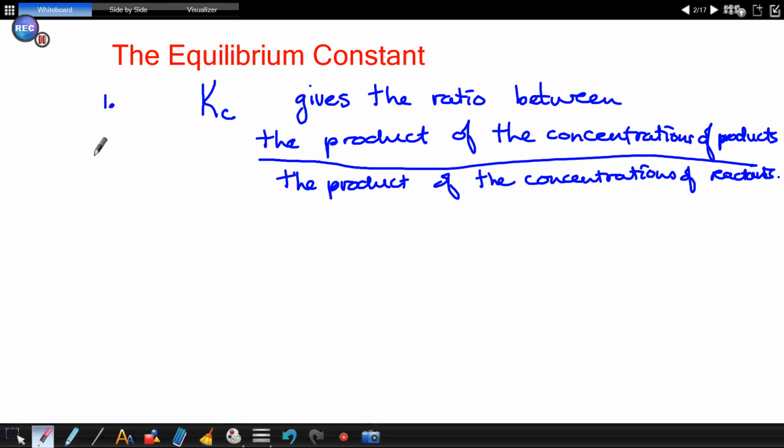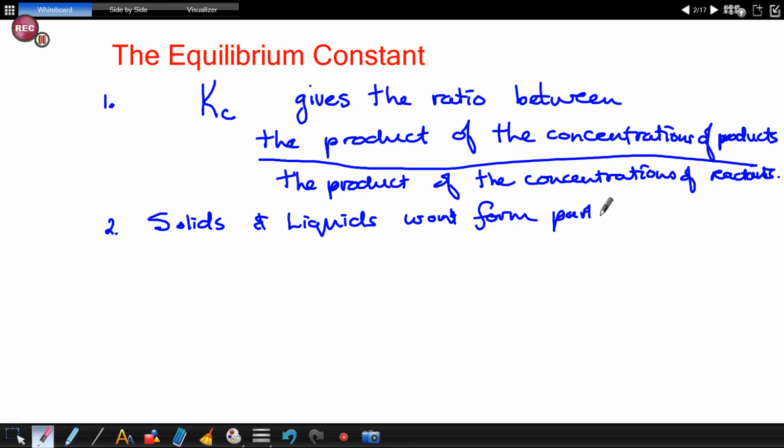It is a ratio. The second thing is solids and liquids won't form part of Kc.